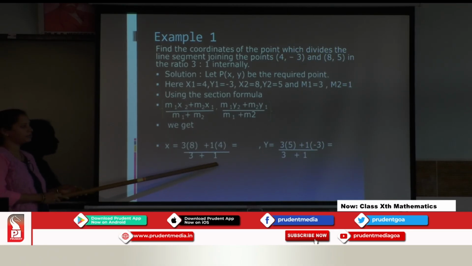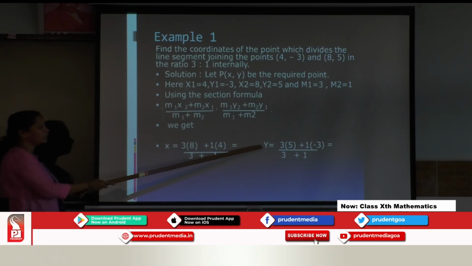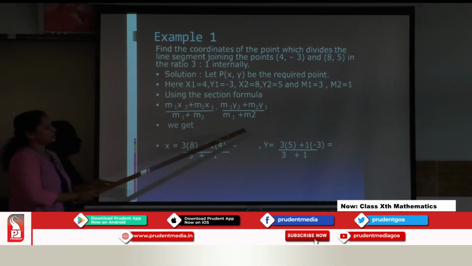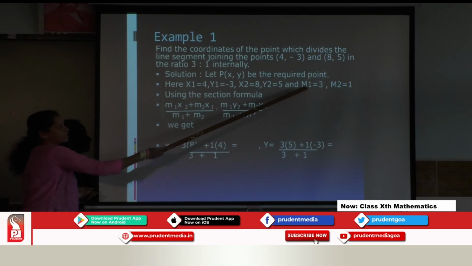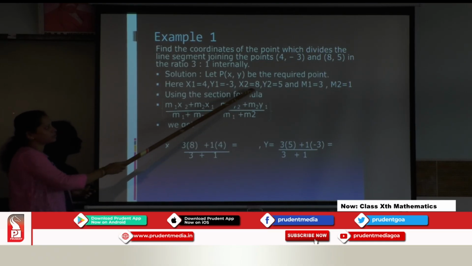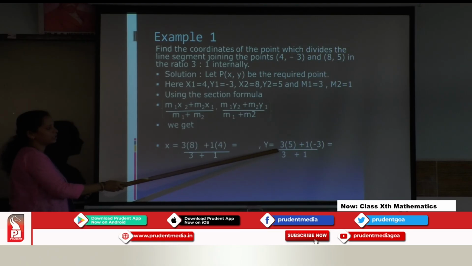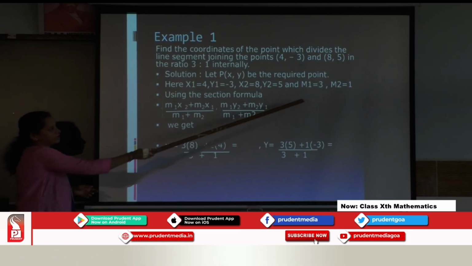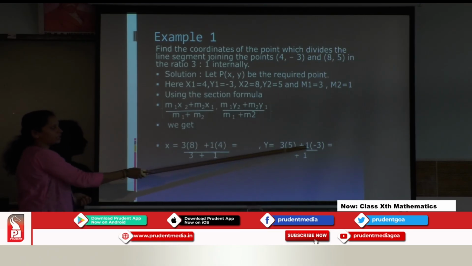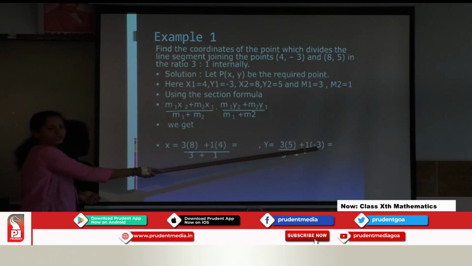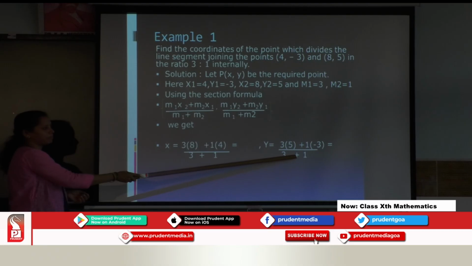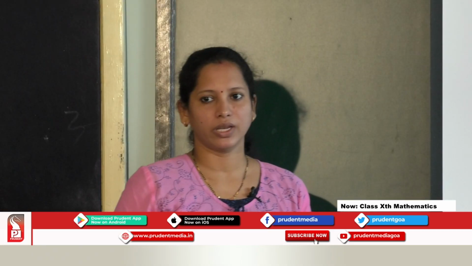Now Y is equal to 3 into 5, 3 is the M1, then Y2 is equal to 5, so 3 into 5 plus M2 is equal to 1 and Y1 is equal to minus 3. So 1 into minus 3 upon 3 plus 1, that is M1 plus M2.